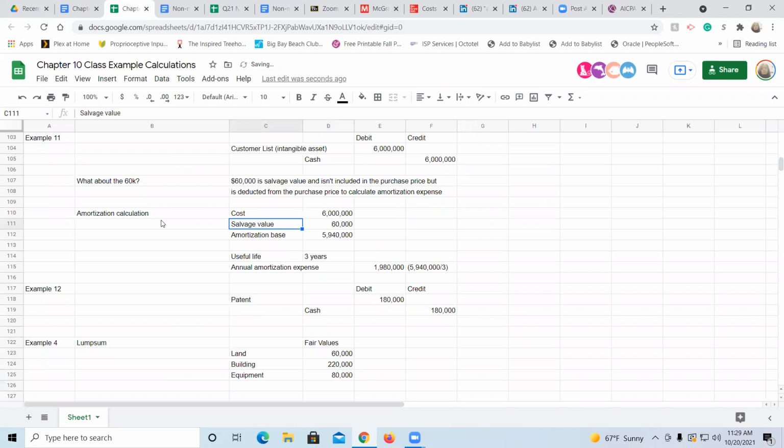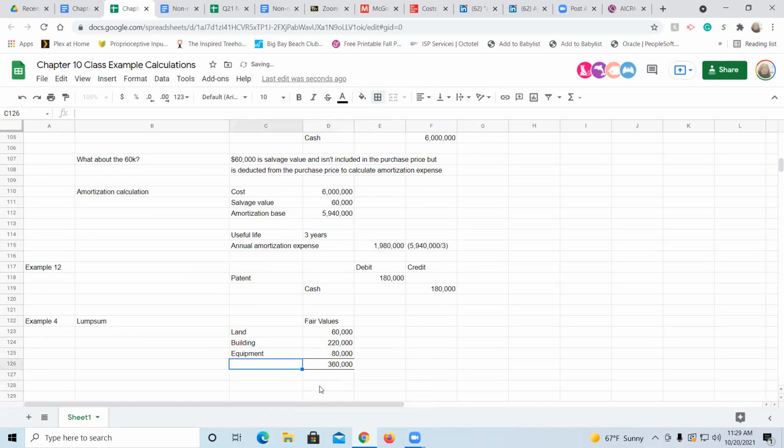All right, so now we want to know what's the total. So the total fair value is 360,000, right? So all you have to do now is say, what is land as a percentage of the total? It's about 17%, or 16.67.